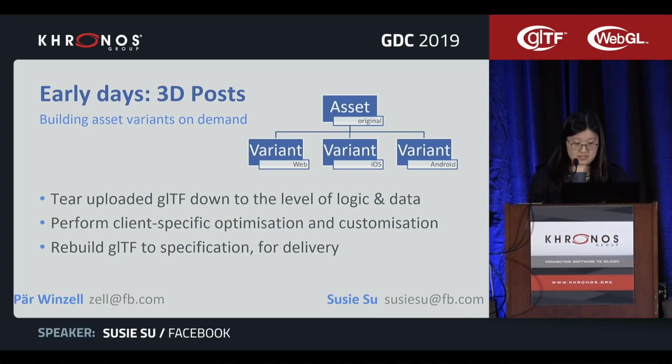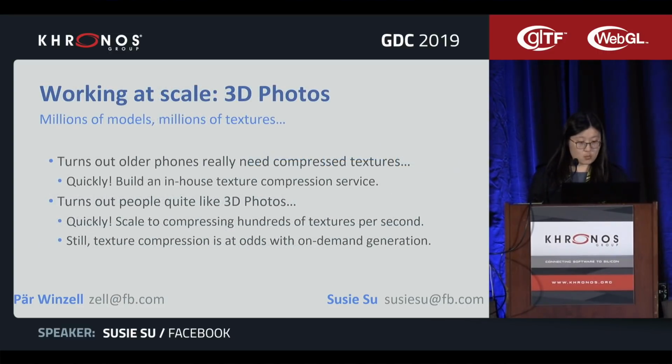Then half a year later, we introduced 3D photos. This is basically just a 3D model, but normal users can upload as long as you have an iPhone with a depth camera.